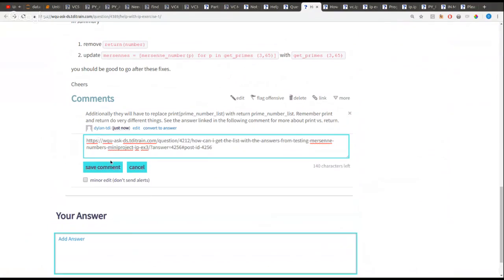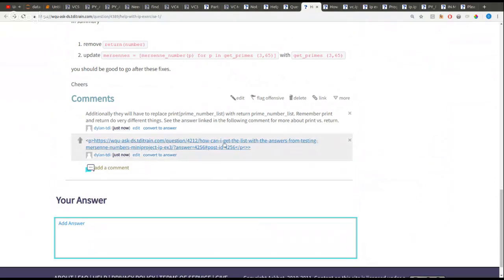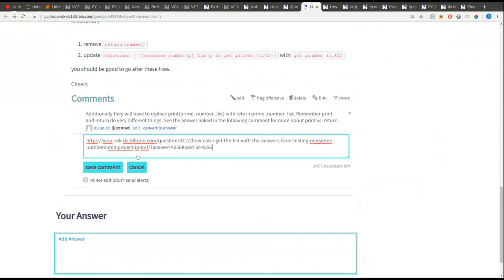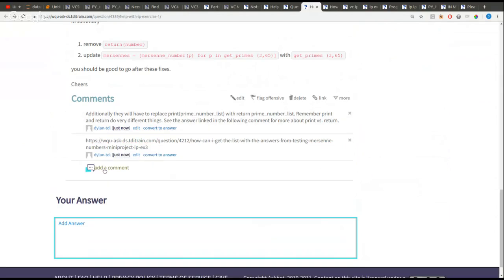Why is it adding these characters? This is dumb.